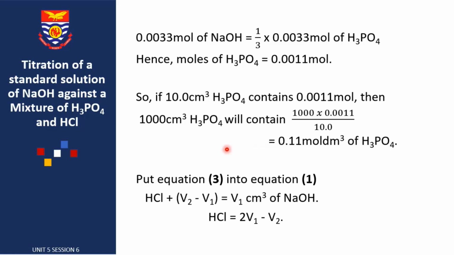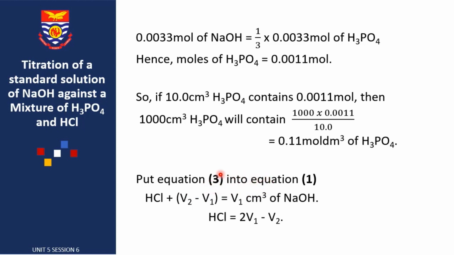Here we need to do some substitution. We found that 1/3 of the phosphoric acid is equal to V2 minus V1, and so we can come back here and put this in place of 1/3 phosphoric acid and equate it to V1.